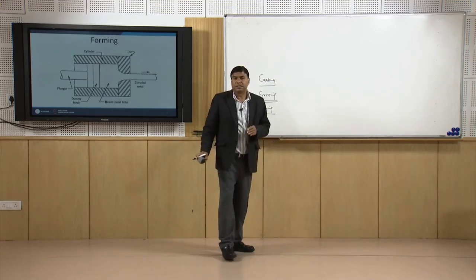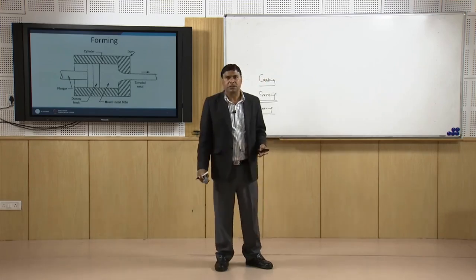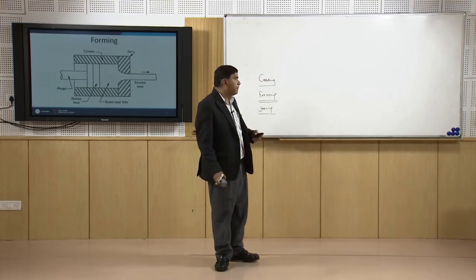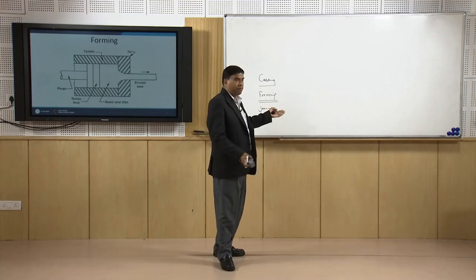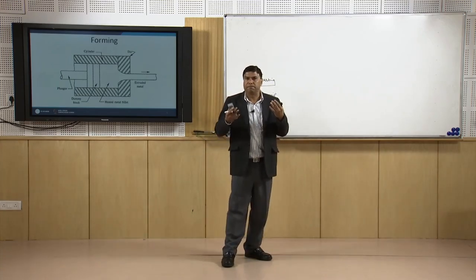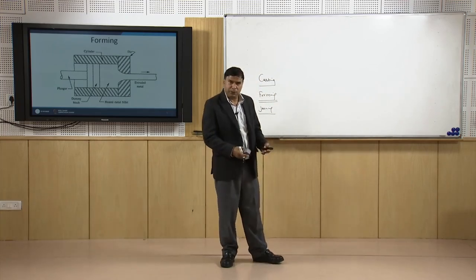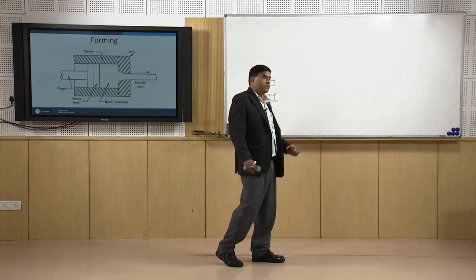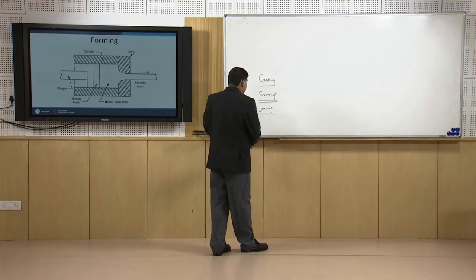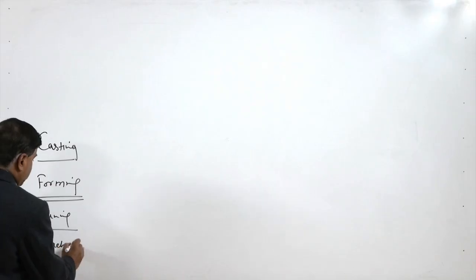Like the ship structures, ships are very lengthy, very heavy structures. So, they cannot be made by any of the conventional processes like forming or casting. Simple plates of different geometries need to be brought together by joining processes, so that large structures can be created. And then coming to the machining processes.